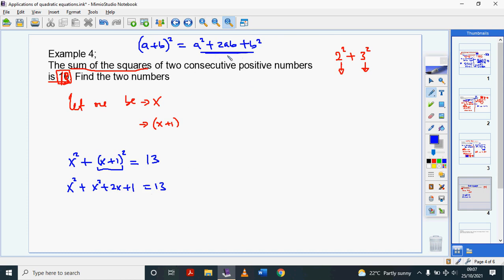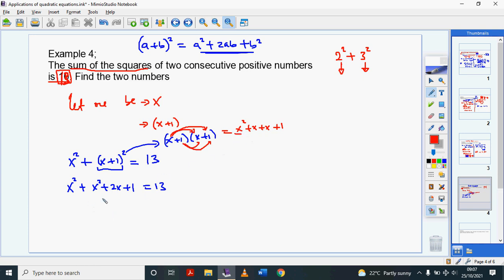If you don't remember how to do this, you can write this whole thing as (x plus 1) times (x plus 1), and then you can distribute one by one. Then you will get x squared plus x plus x plus 1, which is the same thing as what I have.